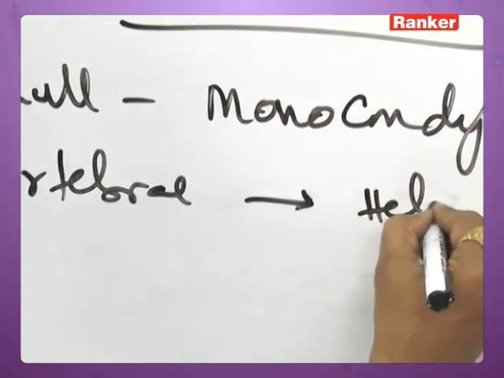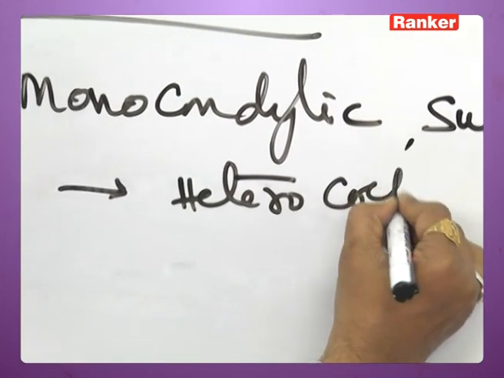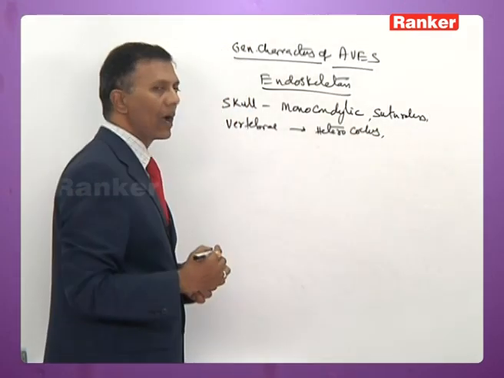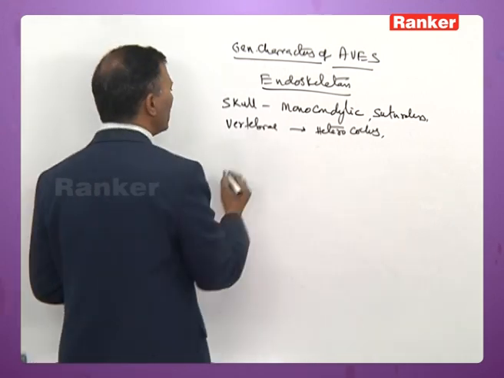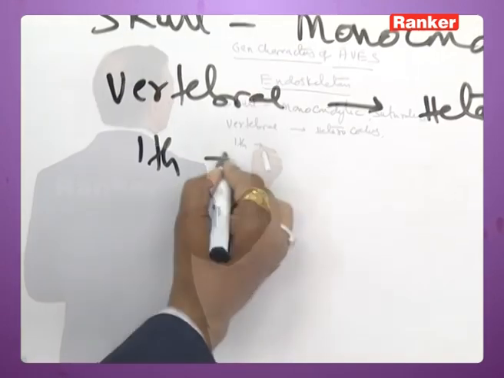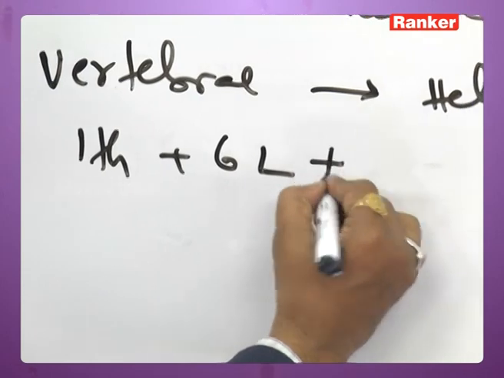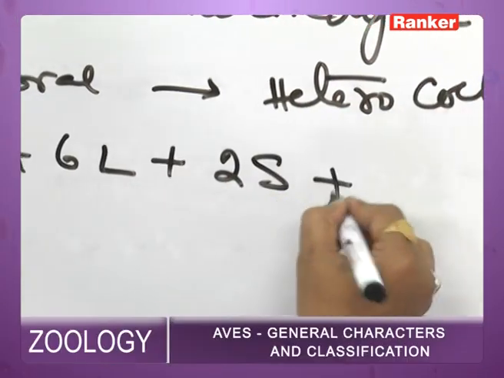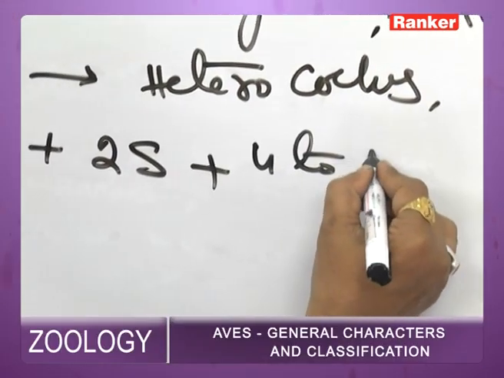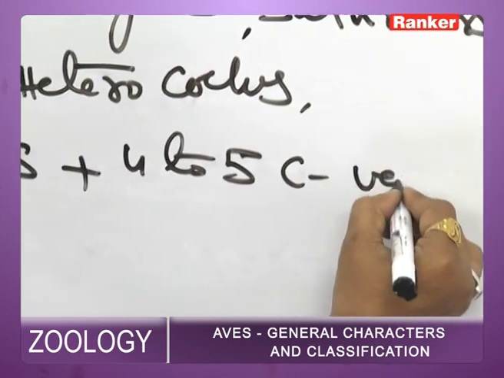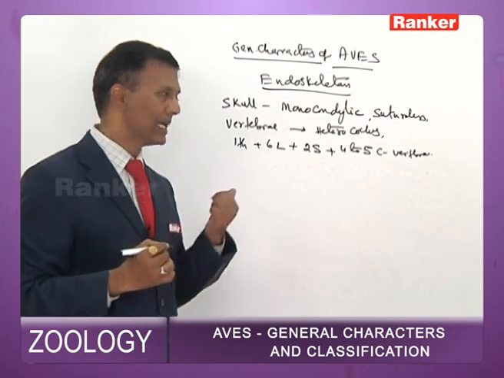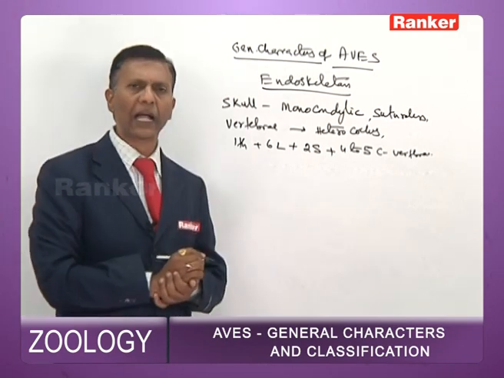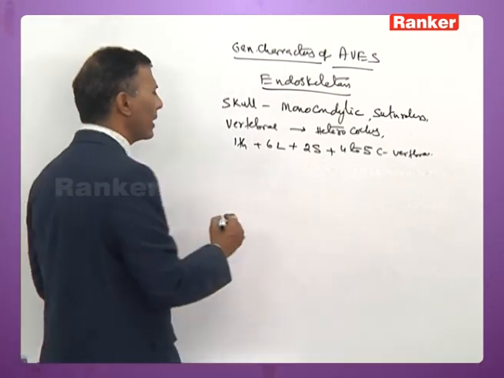In birds, the first thoracic, 6 lumbar, 2 sacral and 4 to 5 caudal vertebrae are on the back.